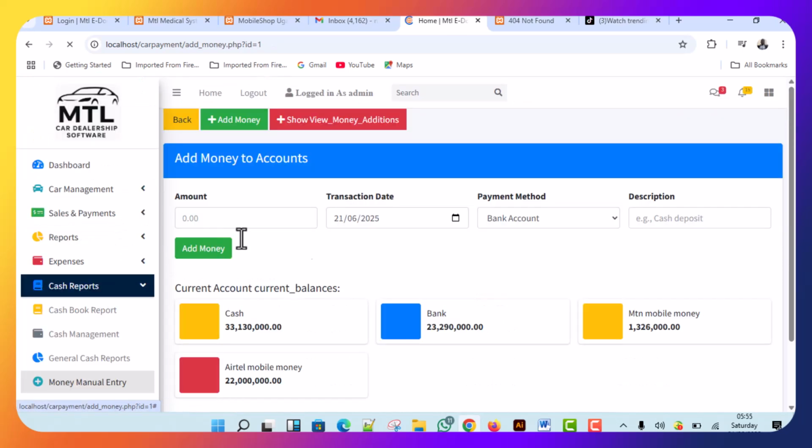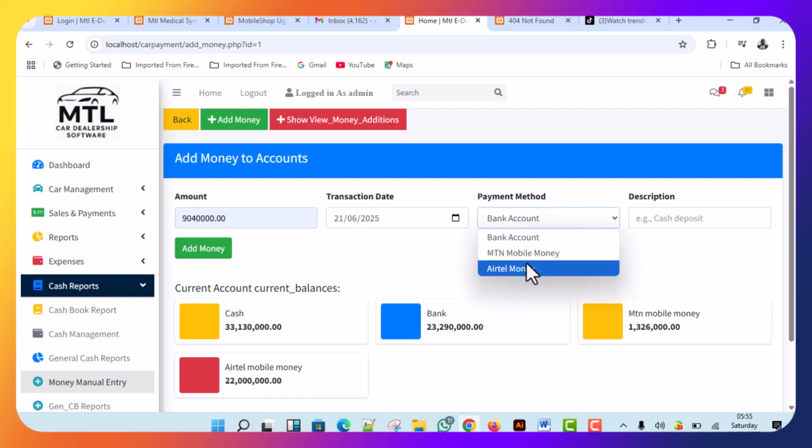So this is manual entry too. In case you don't make a transaction in the system, you can always make manual transactions. Let's say they have received money on mobile money, but it's not part of the business, let's say it's a loan. You can say I want it to be on mobile money.